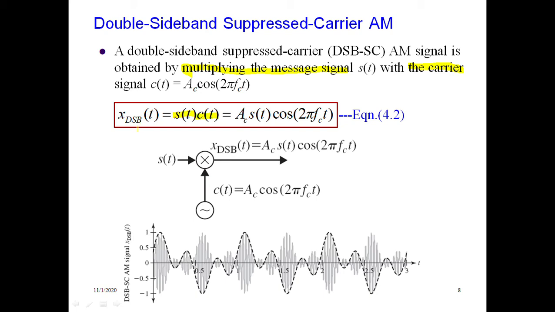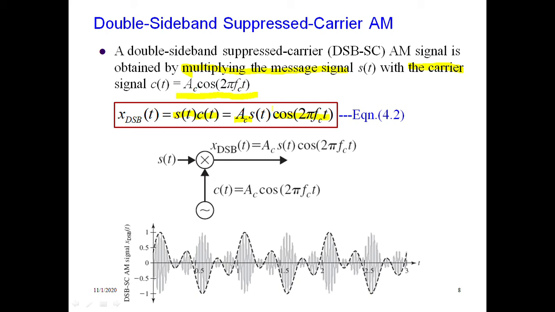Why is it double sideband, and why is it suppressed carrier? It will be answered when you plot the spectrum, or frequency spectrum. If you have a carrier Ac cos 2 pi fc t, this is the carrier.